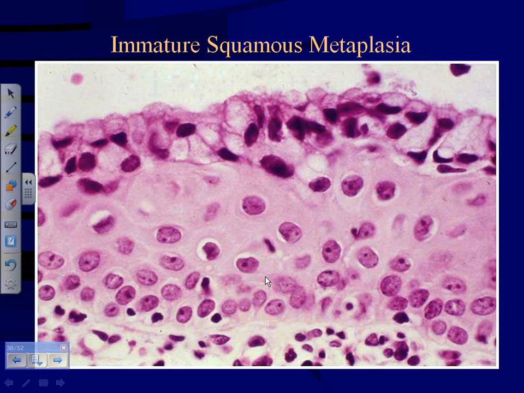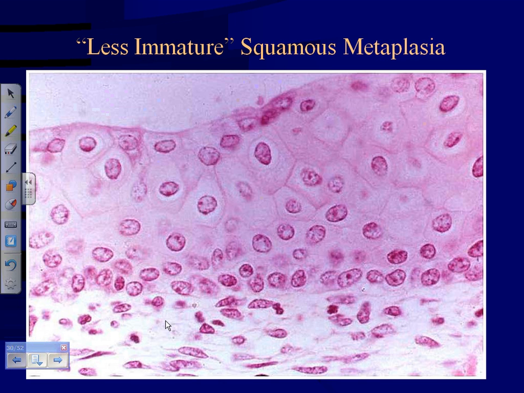But the ones up here have more cytoplasm and more of an amorphous appearance, density to the cytoplasm that actually resembles squamous cells, but not quite mature squamous cells. Okay, so these are immature squamous, and again, the epithelium tends to be thinner than a mature squamous epithelium.